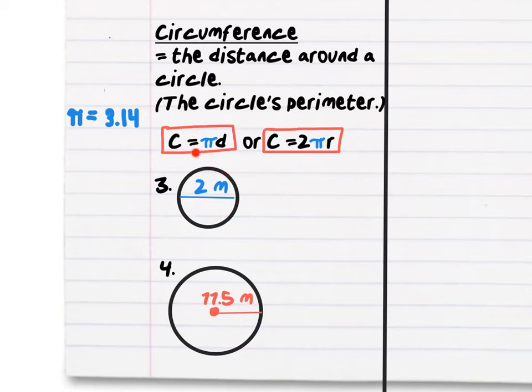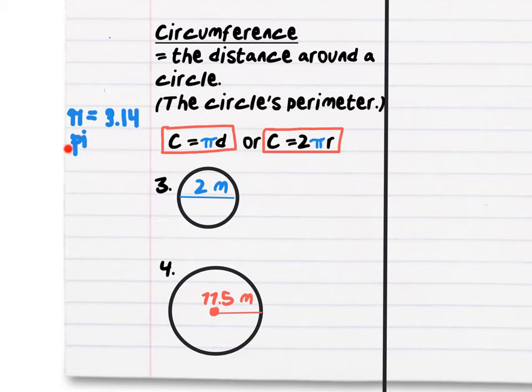Now, these are the 2 formulas that we can use to find the circumference. And in each of the formulas, you'll see this symbol right here. It's a Greek letter, and it's pronounced pi, P-I. Now pi stands for a decimal, and that decimal is non-terminating, non-repeating, meaning it goes on forever, but we round it to 3.14.